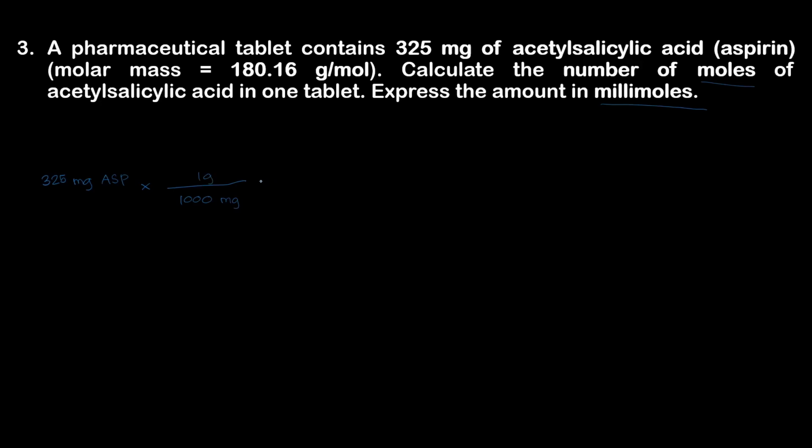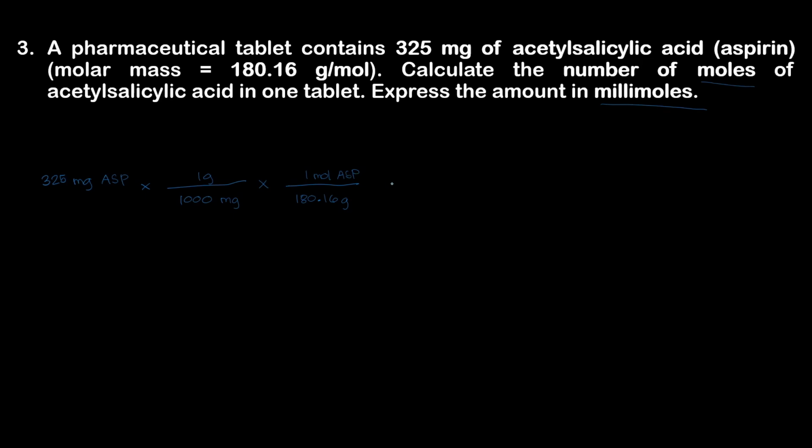Then now we have the gram, we can use the given molar mass to get the mole. Since we want to cancel the grams, it is below. So that would be 180.16 grams is 1 mole of aspirin or acetylsalicylic acid.